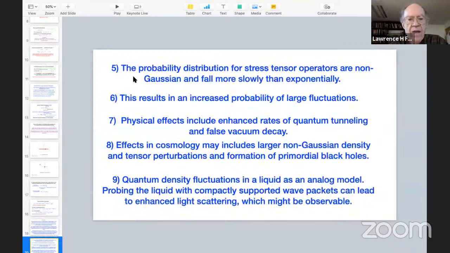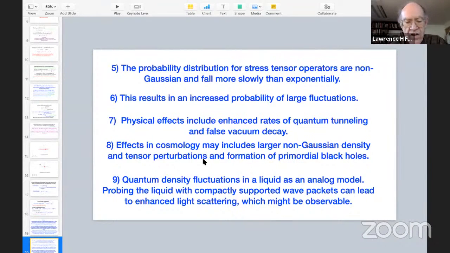And that means that you get a non-Gaussian probability distribution that falls more slowly than exponentially, an enhanced probability of large fluctuations, which can lead to various effects that I've discussed: enhanced effects of quantum tunneling, false vacuum decay, and non-Gaussian density and tensor perturbations in cosmology, perhaps primordial black holes.